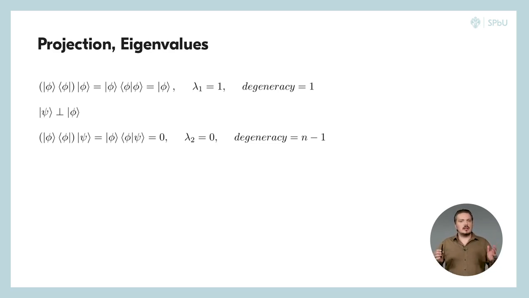You can easily analyze like this any sum of different projections. The more linearly independent projections you take, the greater the degree of degeneracy of the eigenvalue 1, and the lesser the degree of degeneracy of 0. The identity is also the sum of projections, and it has a single eigenvalue, 1, which is n-degenerate.